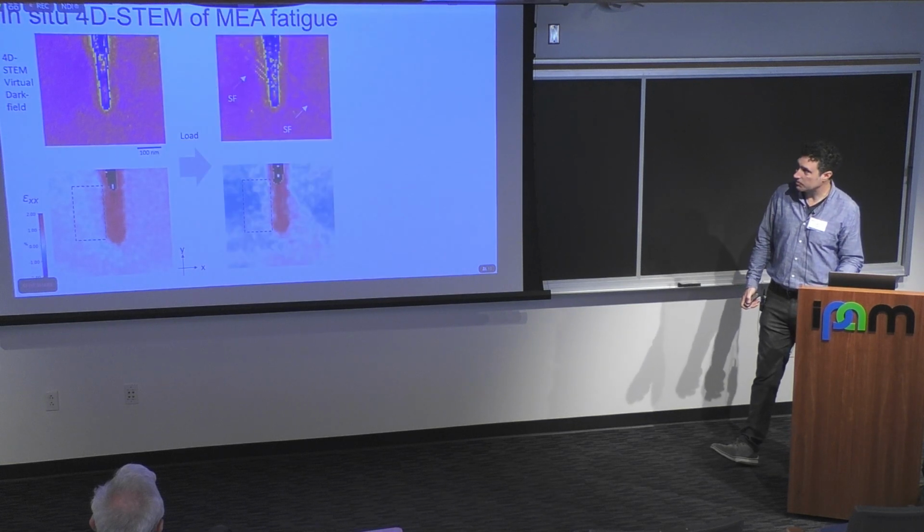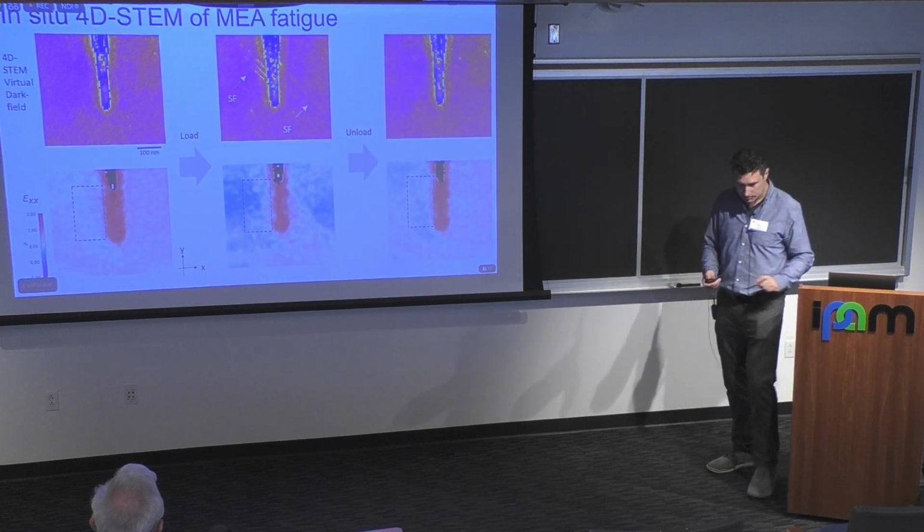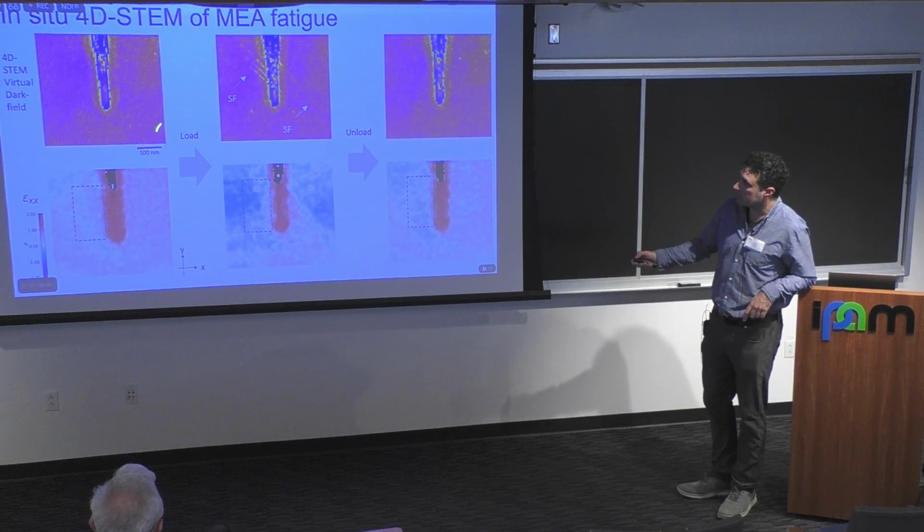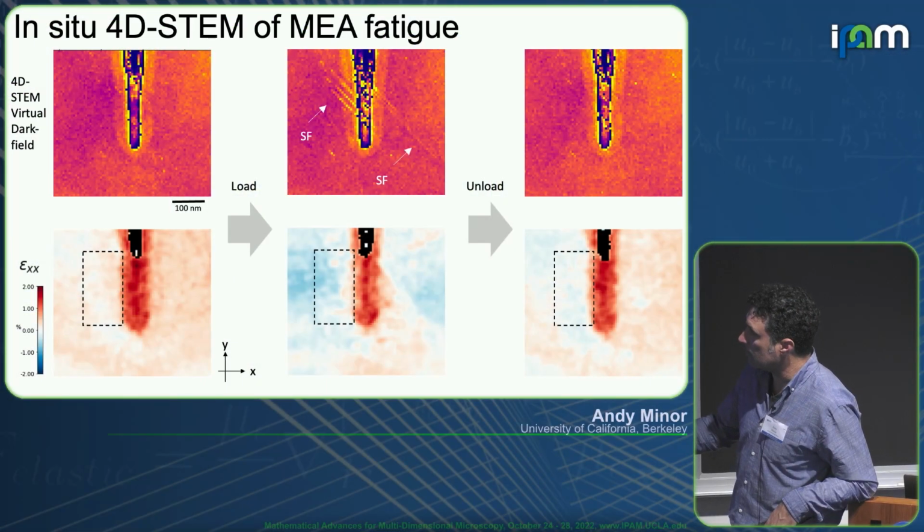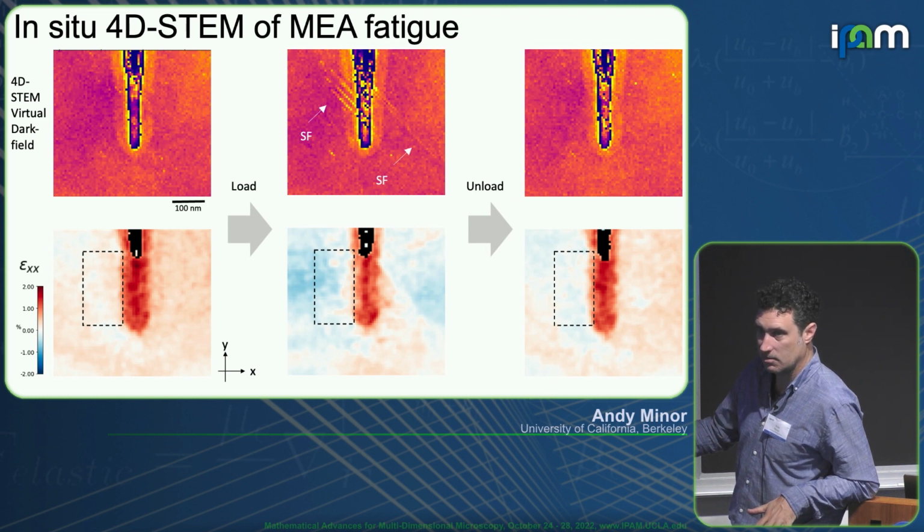So here's an experiment. Here's the crack tip shown here. Here's the 4D STEM region. There's the strain field. So again, every pixel we have a diffraction pattern. This top row here is just using that streaking to make a virtual dark field. The bottom is your strain field from just indexing the lattice parameters of your diffraction pattern.